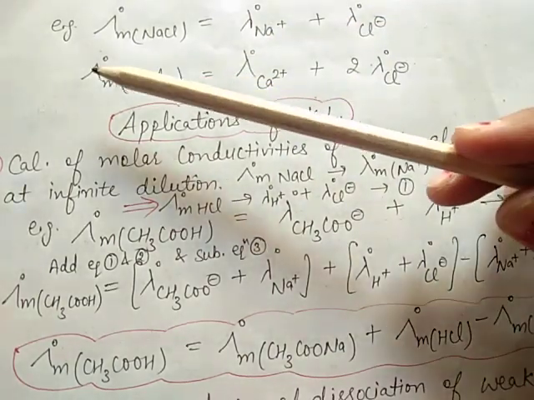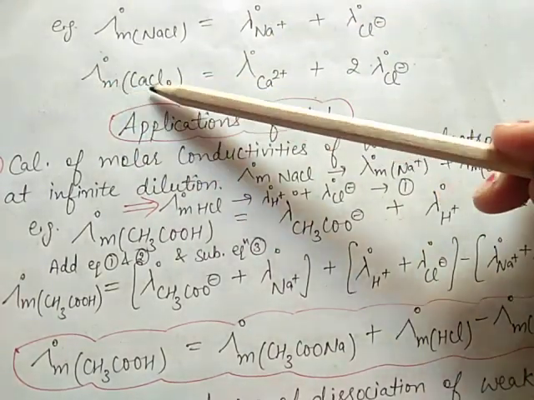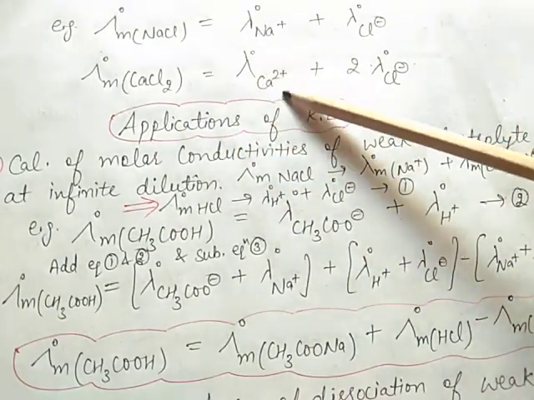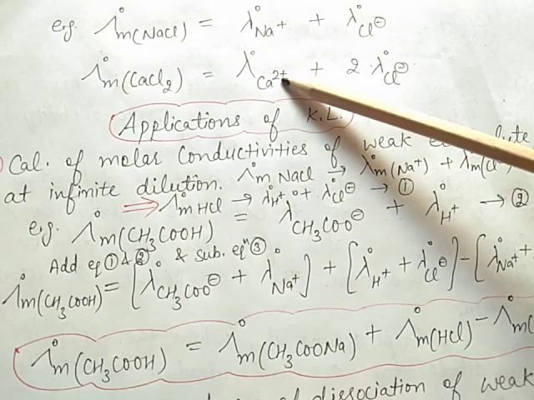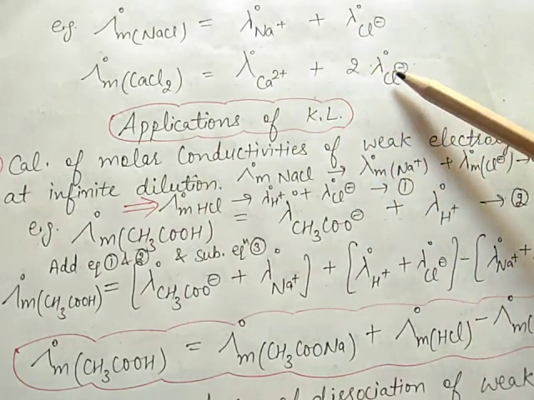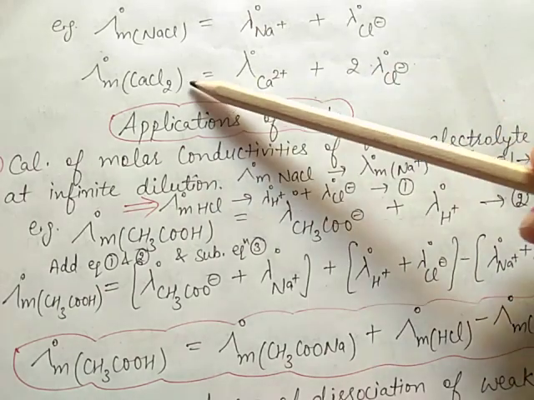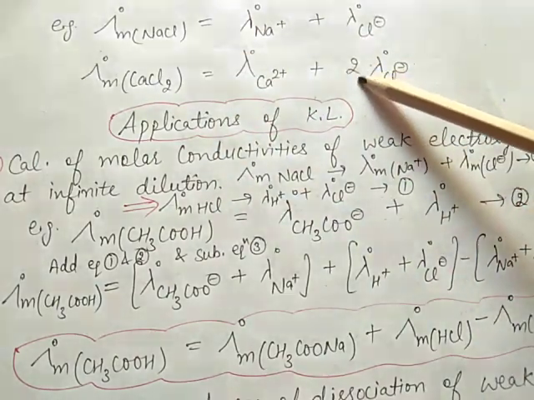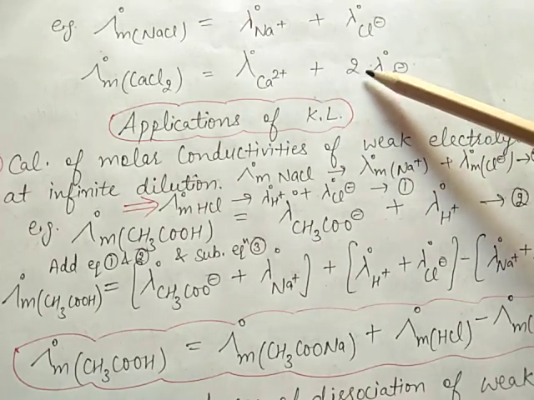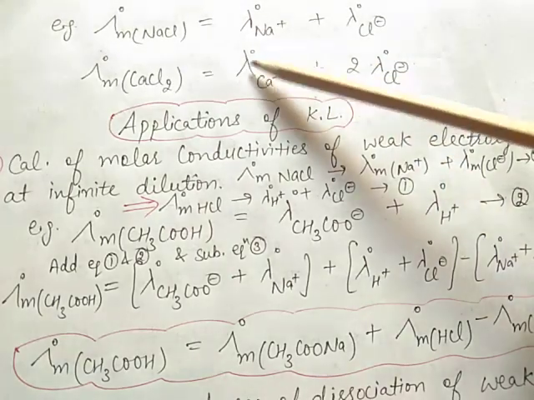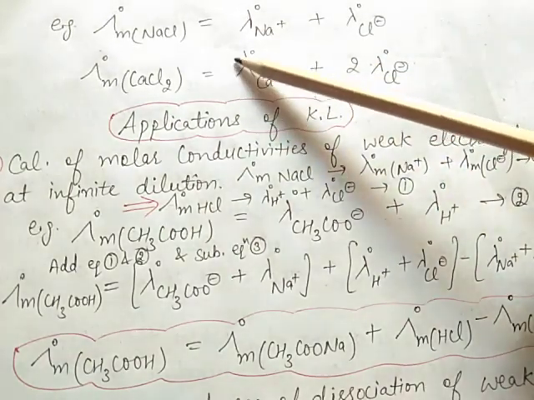Another example, the limiting molar conductivity of CaCl2 is equal to the limiting molar conductivity of the calcium 2 plus ion plus the limiting molar conductivity of chloride ions. There are two chloride ions, so it is multiplied by 2, that is Y, the number of anions produced, which is 2, but cations are only 1, so we write 1 here.